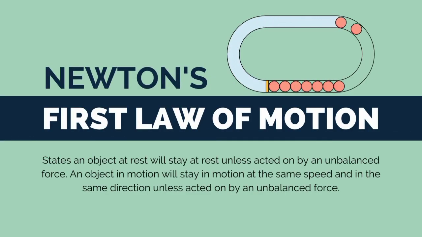Newton's first law of motion. Newton's first law states an object at rest will stay at rest unless acted on by an unbalanced force. An object in motion will stay in motion at the same speed and in the same direction unless acted on by an unbalanced force.